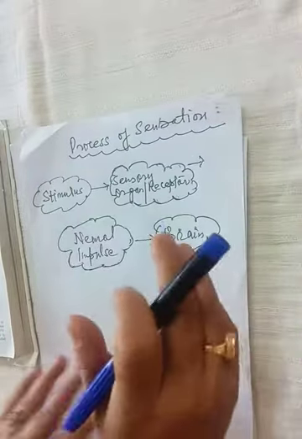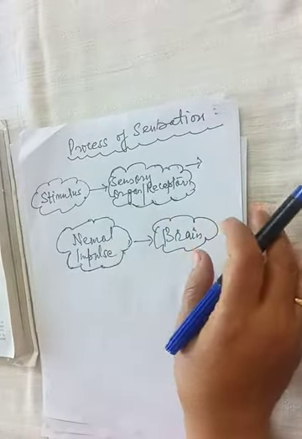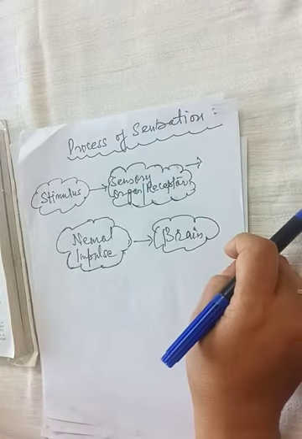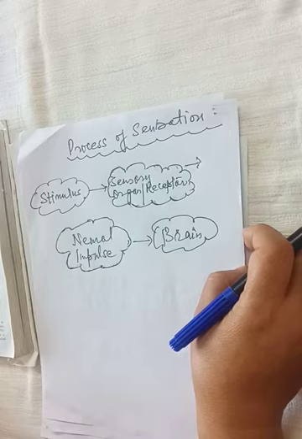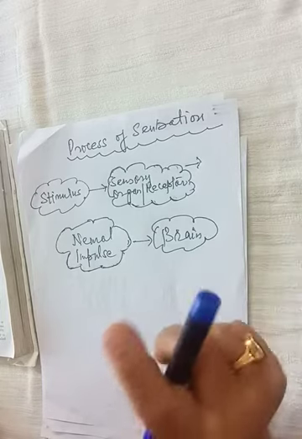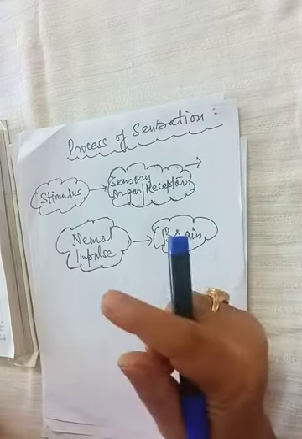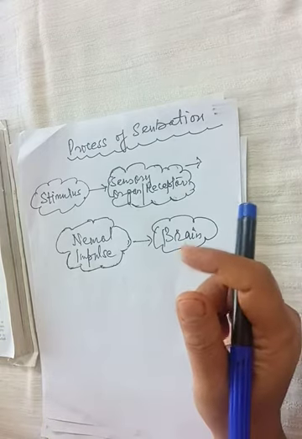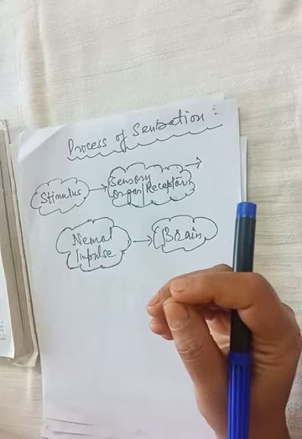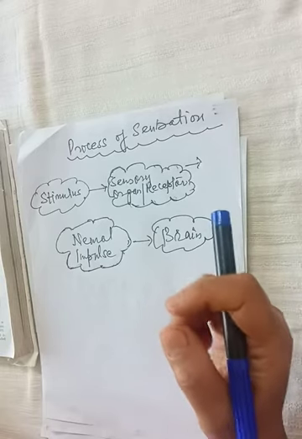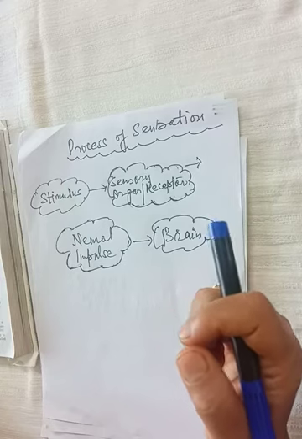So today we discussed a process which is very basic for human behavior to take place. Psychology is the study of human behavior and mental processes. So the first step to that behavior, or the basic mental process through which humans respond or behave, is sensation.